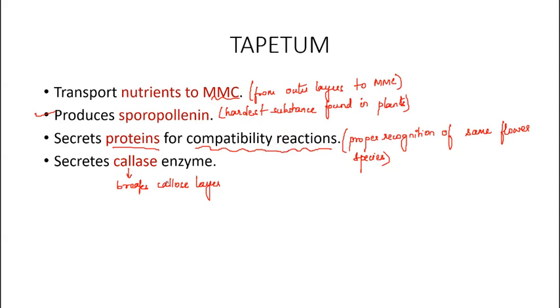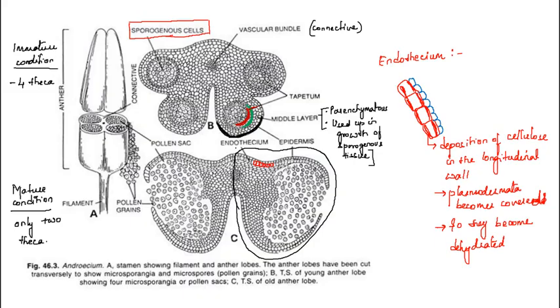Now, they secrete callase enzyme which breaks the callose layer. So what is this callose layer? This callase enzyme which they synthesize helps in the degradation of callose. Why is callose degradation required?